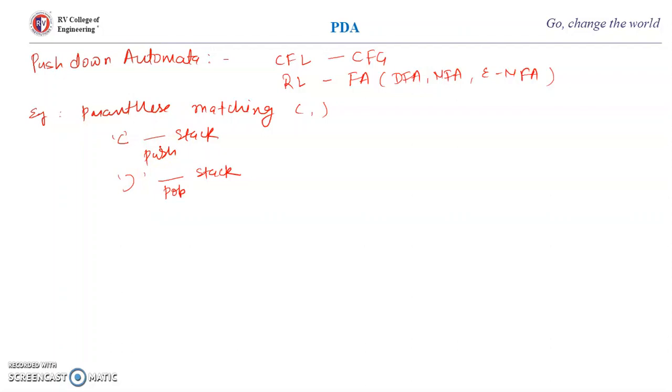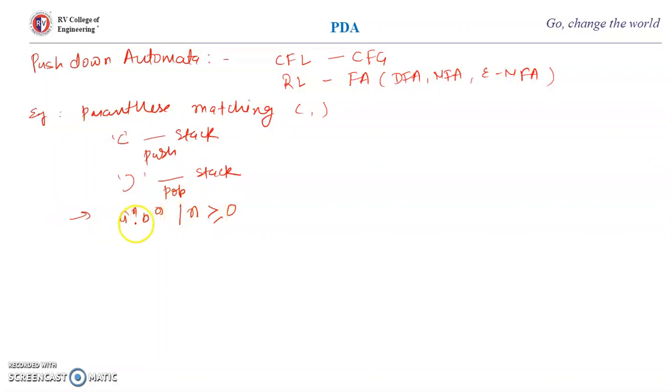So it is evident that when we design the automata to accept CFL, sometimes it is required to count the symbols also. For example, we have the language a power n, b power n, where n is greater than or equal to 0.